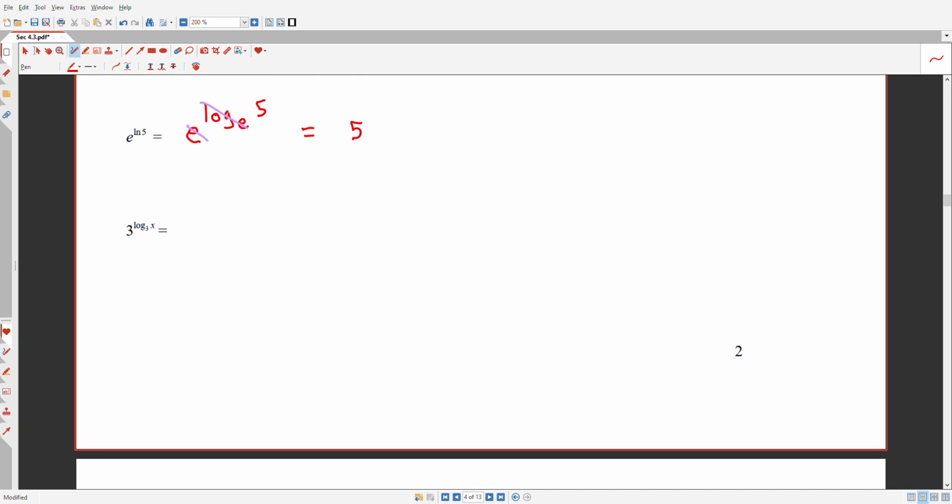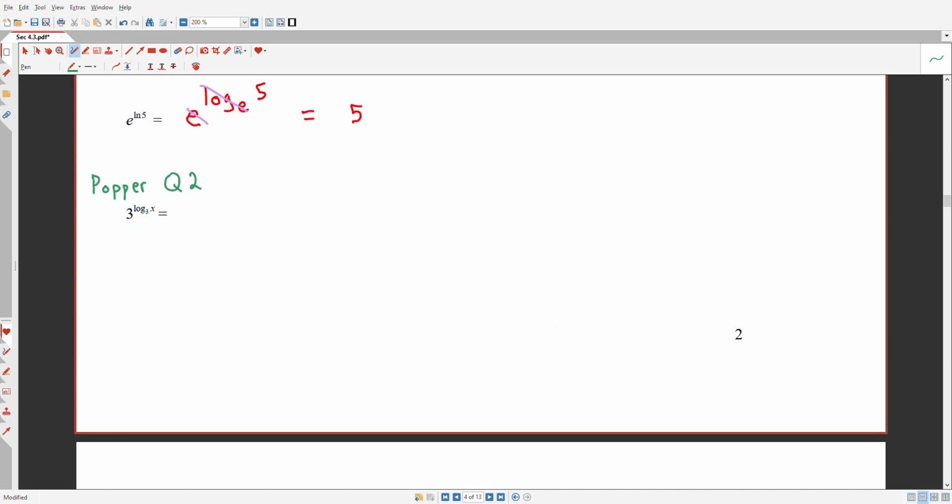Okay, so I'll let you practice this question here as popper question 2. And this time I promise to give you an answer choice that's in here. What is 3 raised to the power log base 3 of x?